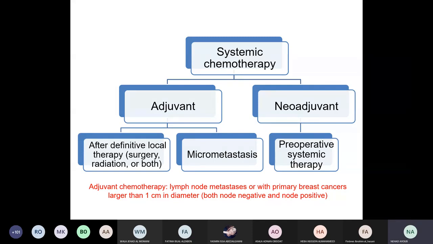هلا مين المريضة اللي لازم تاخذ systemic chemotherapy? Generally speaking, all breast cancer patients with lymph node positive disease or all breast cancer patients with tumor size more than 1 centimeter لازم ياخدوا systemic chemotherapy. It's a must.